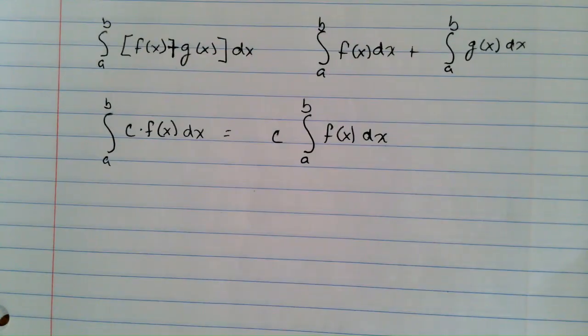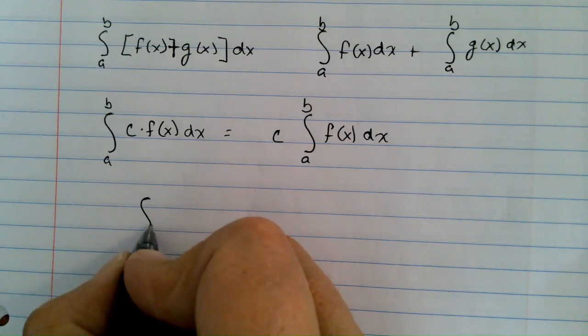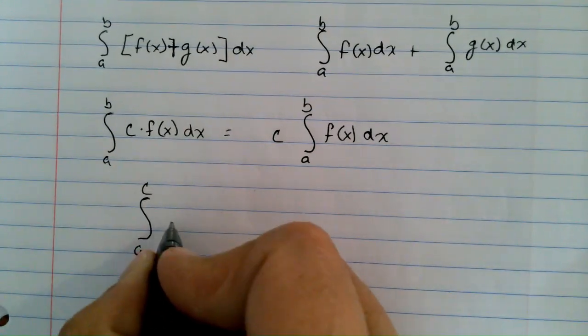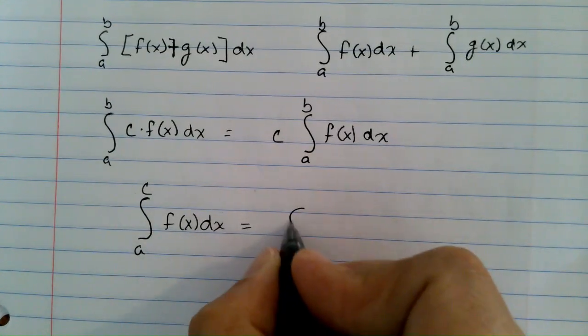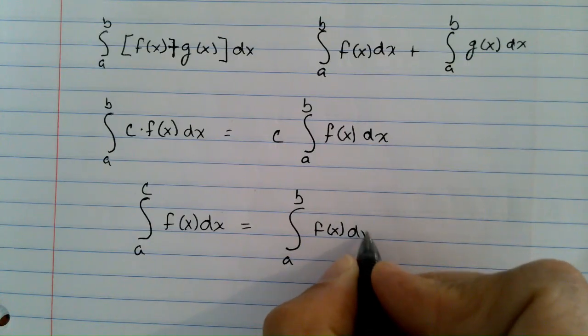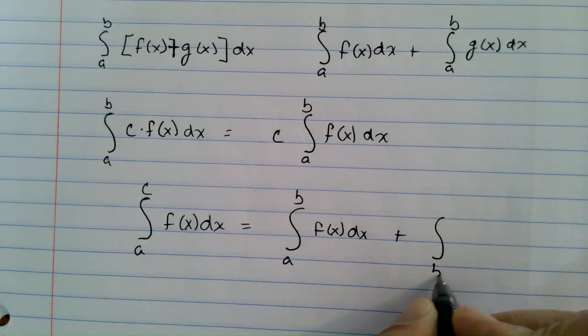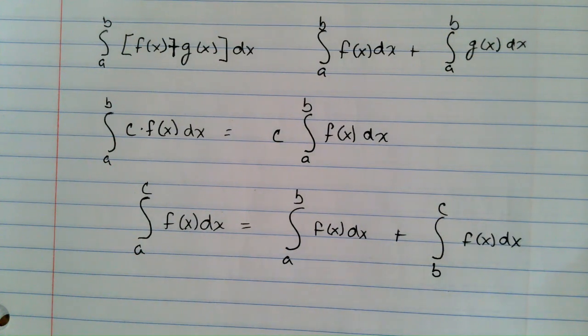And if you're trying to find a true area instead of a net area, let's say you're going from A to C, you can split it up in the middle and go from A to B, and then do the same thing but go from B to C. So those are just some extra rules, making sure that B is between A and C.